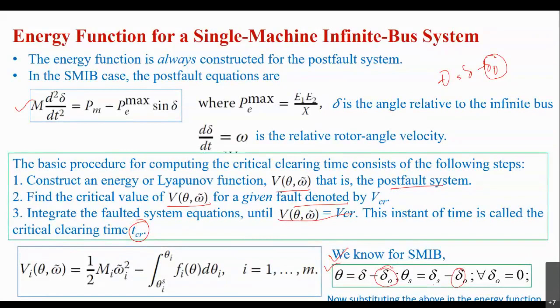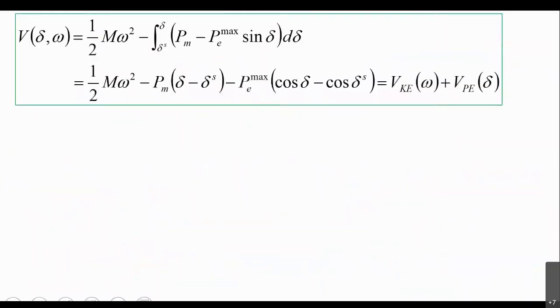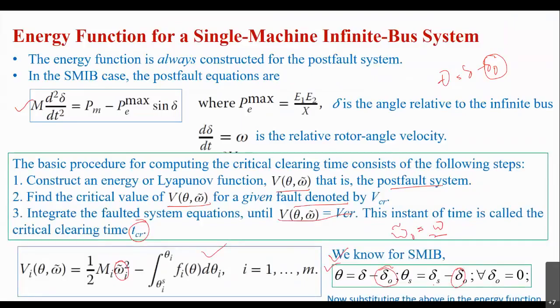So now substituting the above in the energy function equation, so what I'll get, and omega tilde is here nothing but omega, right? So omega tilde is equal to omega here. So now substituting these values, your V delta omega will become half M omega square.